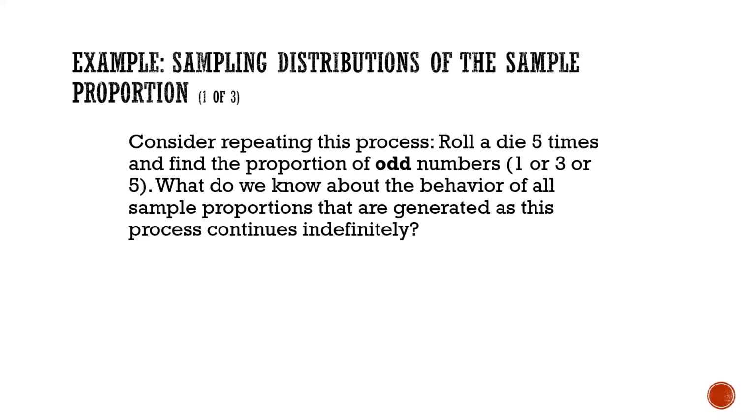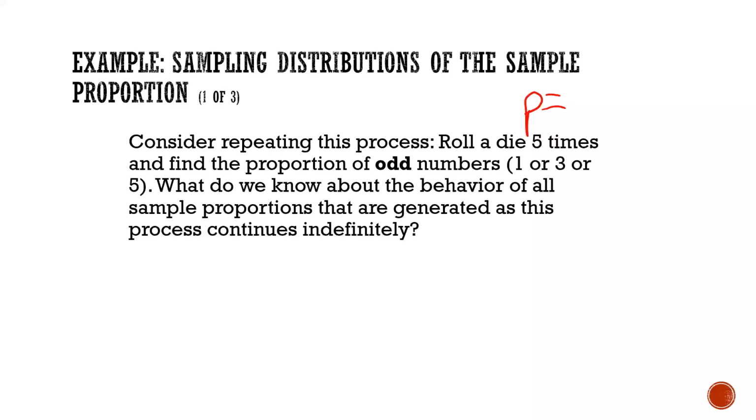So let's consider the same thing we did with the dice. We rolled the dice 5 times before, and we averaged all the rolls. So here, instead of being concerned with what number comes up, we're just curious if the number is odd or even. So let's say the proportion is the proportion of odd numbers. So P in this case should be equal to what?